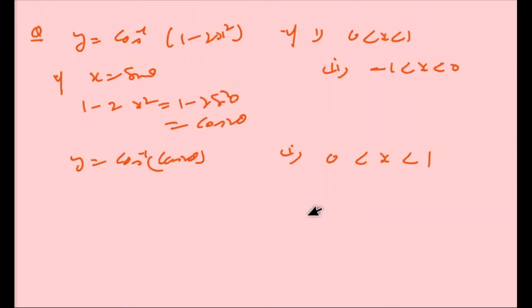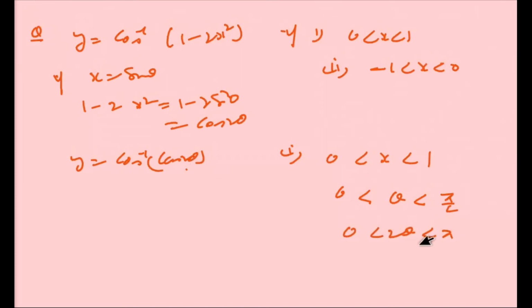So student, 0 less than x less than 1 means we can take 0 less than theta less than pi by 2. Multiplied by 2 we get 0 less than 2 theta less than pi.